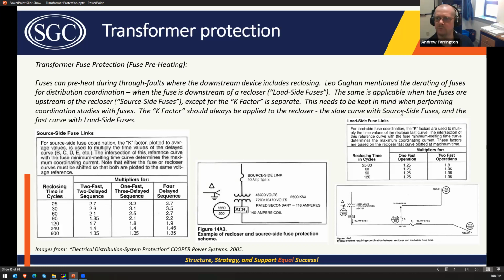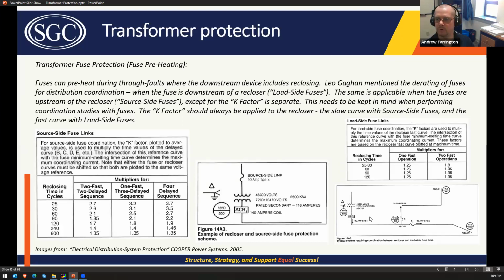The slow curve with source side, the fast curve with load side. Yeah, okay, right. So this fuse is preheating, and you want to make sure that the recloser always trips after that fuse. But the fuse is getting hotter, so it's going to operate faster. So you need to apply that K factor to the fast curve and account for that preheating of the fuse.